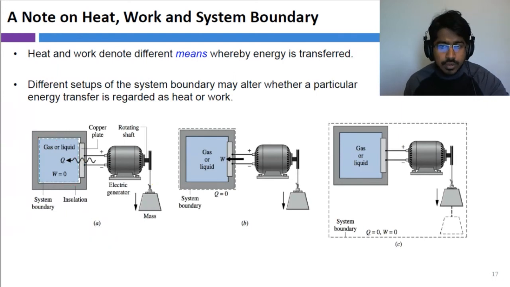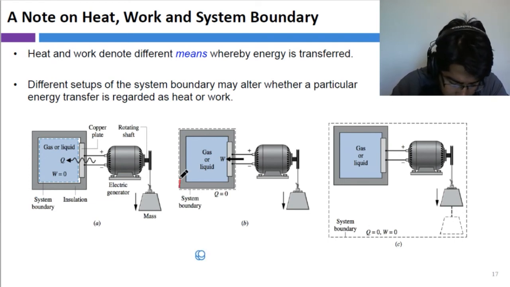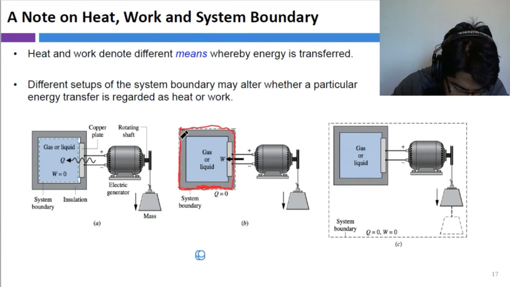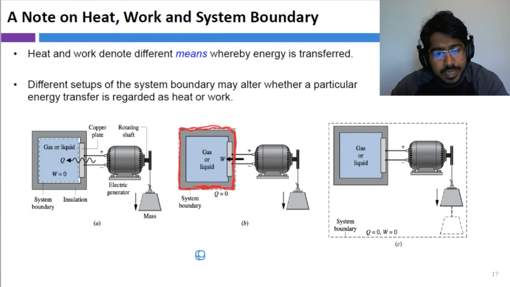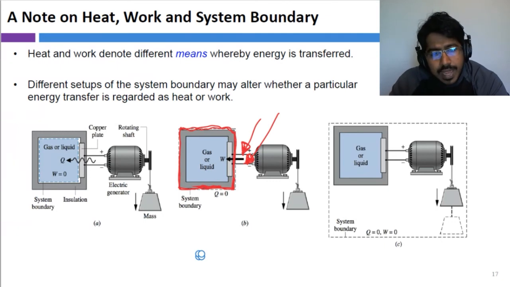So now let's look into figure B. It has a different system boundary. In this system boundary, it's the outer surface of the box. Now, the heating element is inside. The energy carrier to the system is these two wires, right? So in that case, this energy transfer, what can we say?